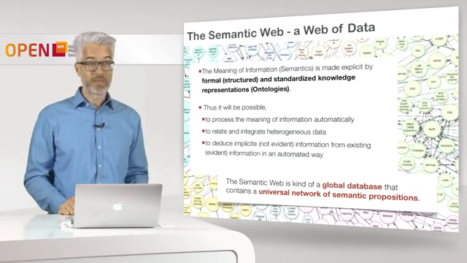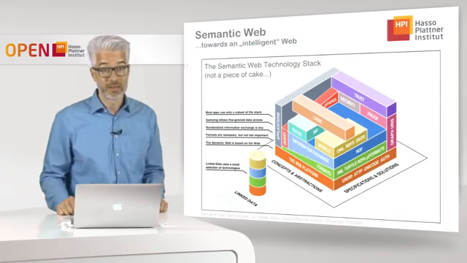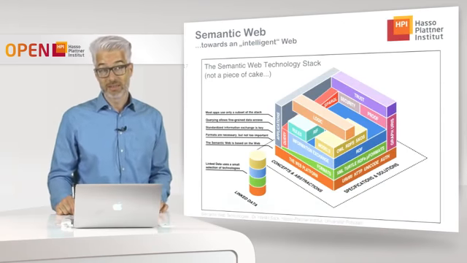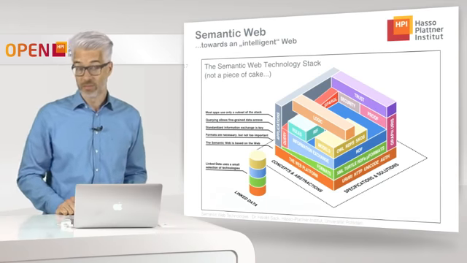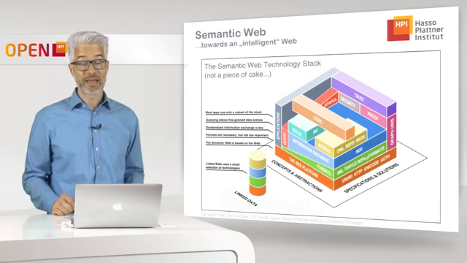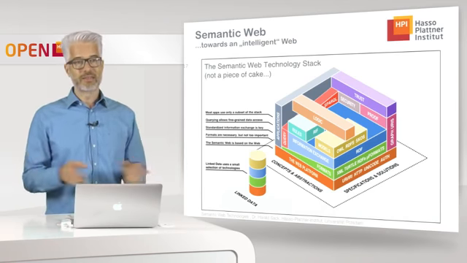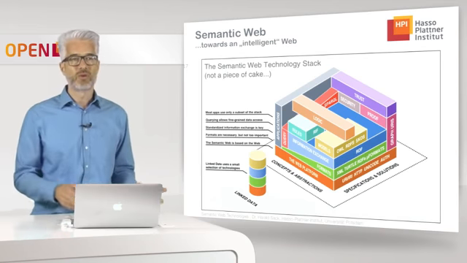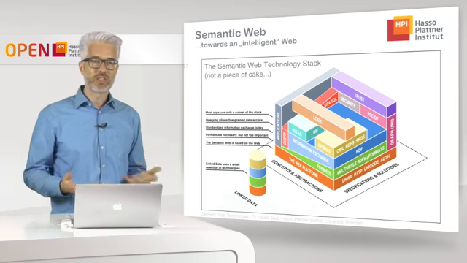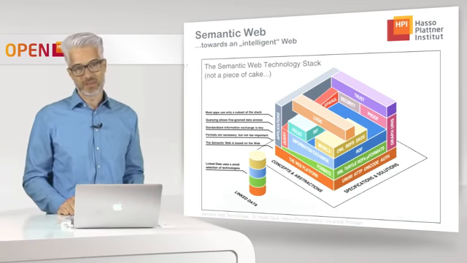And with the semantic web, there is lots of technology that has been standardized by the W3C, and you can see this here in the so-called semantic web technology stack, or previously called the layer cake. You see several layers, starting with the lowest layer where we have all the web platform technology, going over exchange formats, modeling representations, knowledge representations, and logic.